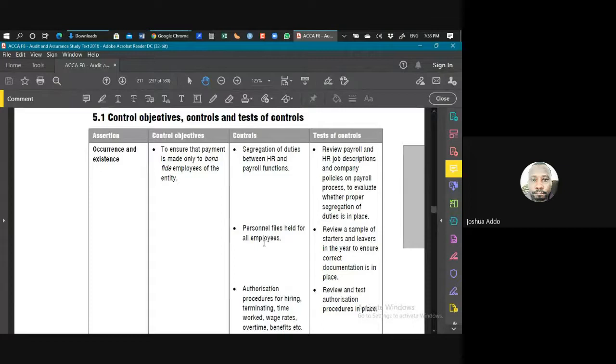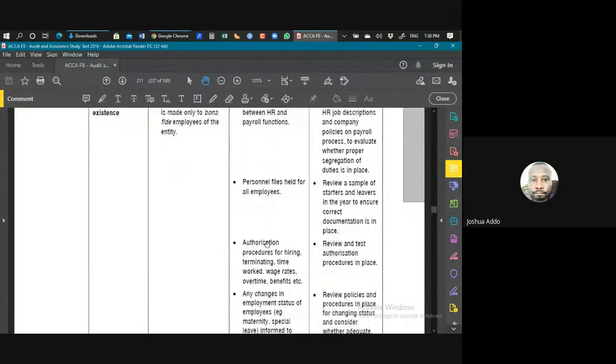But if you don't have a file system, for example, if you don't keep files for employees, and when we have people come into the organization, they are just there, no records, no files on them, then if someone is creating ghosts in the organization, we cannot track. You already know what the auditor can do to check that every employee has a file.